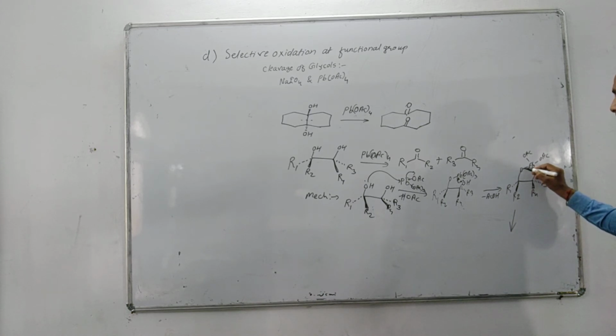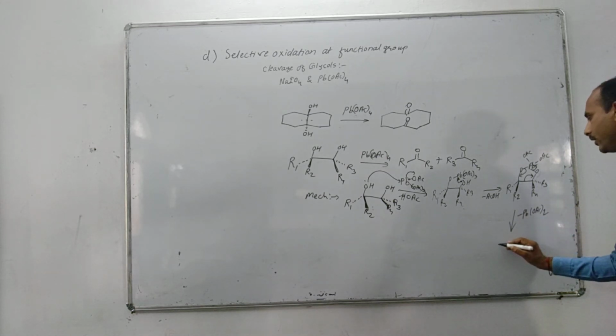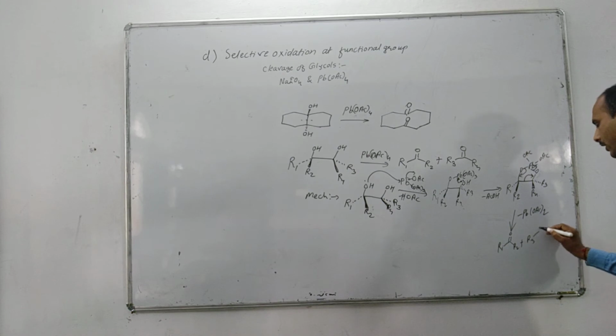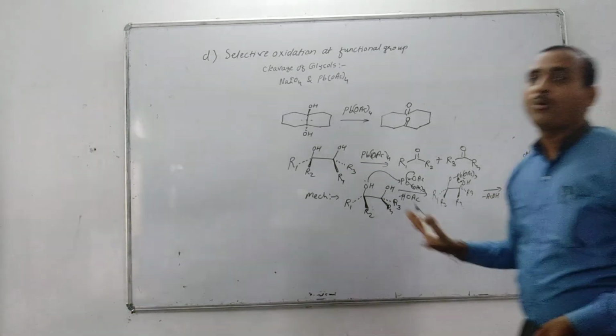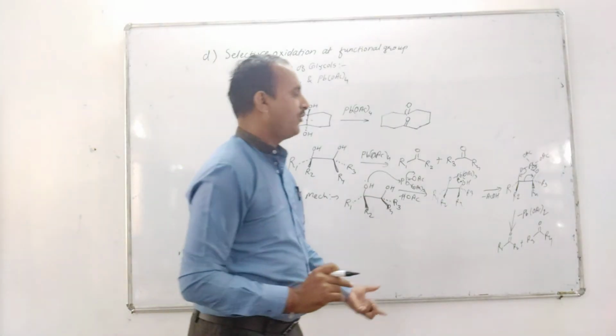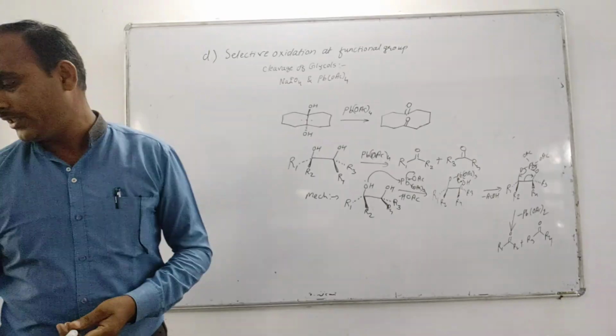This bond is shifting here, cleavage of this bond shifting here to form the C double bond O, and there is loss of Pb(OAc)2, and R1 C double bond O R2 plus R3 C double bond O R4. So these two carbonyl compounds are formed from the diol. The diol gets converted to carbonyl compounds by using lead tetraacetate.